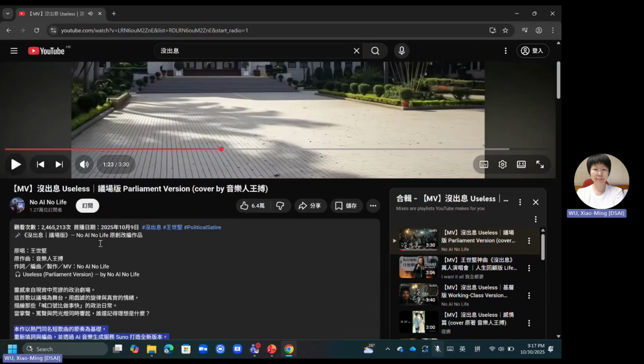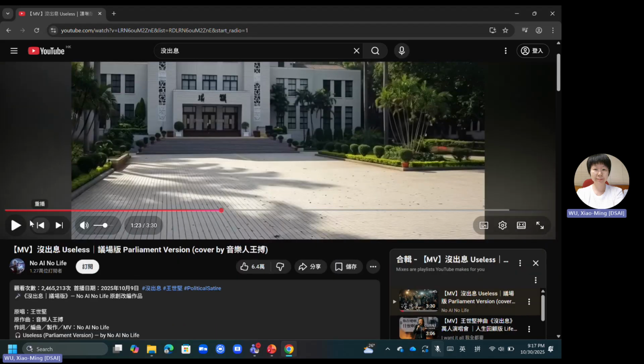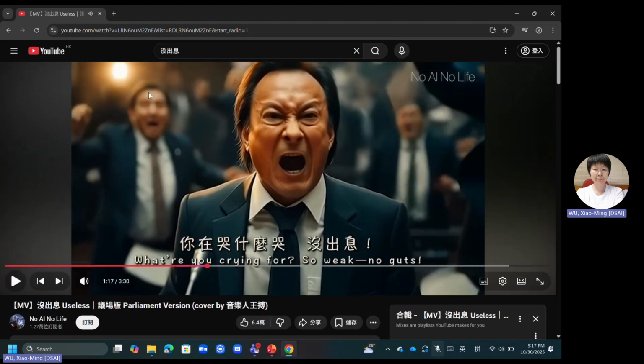I think this is a very nice example of showing how Gen AI can be used to generate music and visual content. According to the author, these images and visuals are generated. They're not real.